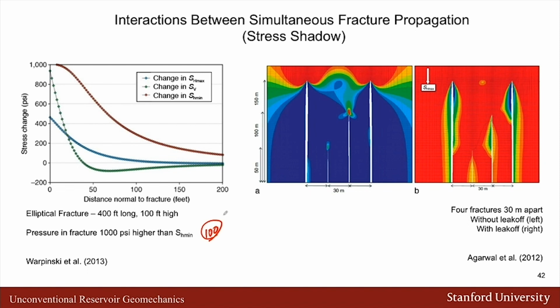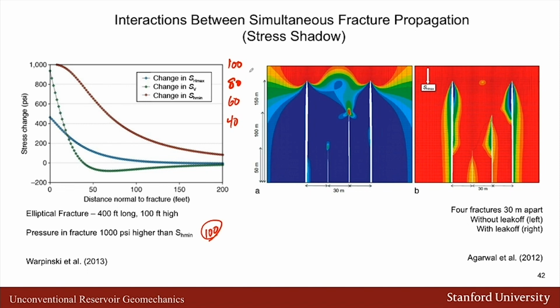If we just divide all this by 10, make that 100, make that 40, 60, 80, and so on. So the stress shadow is real. It's going to be a function of distance from the fracture.